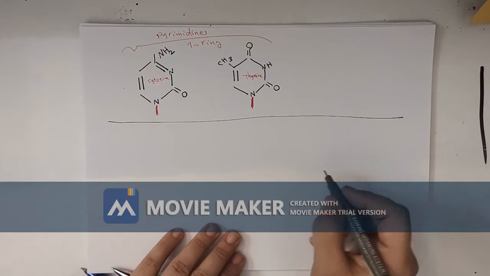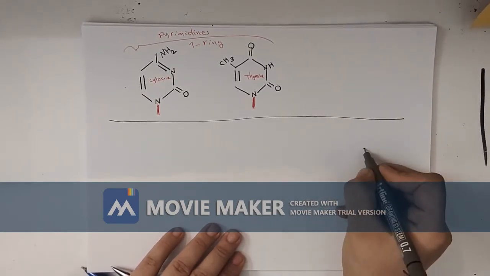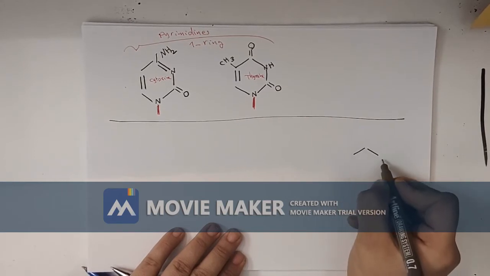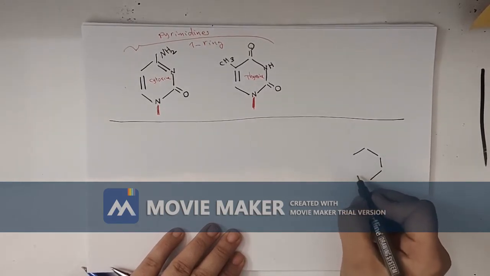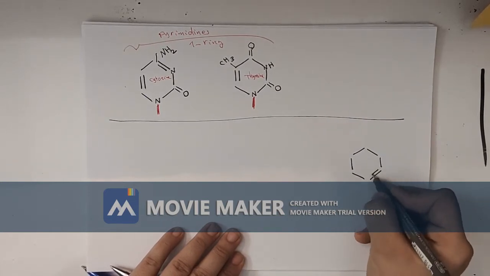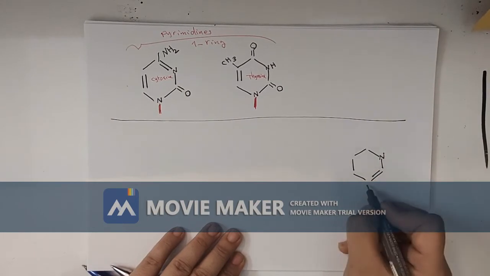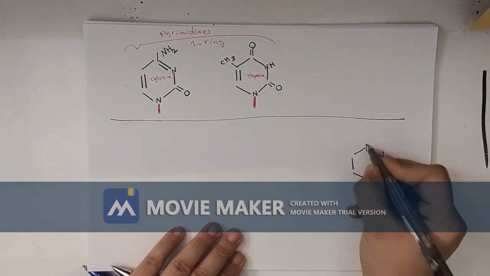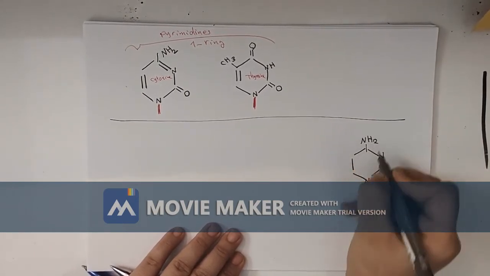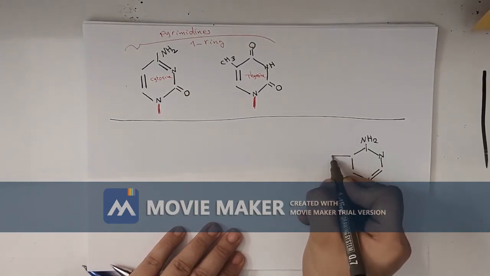Adenine has two rings. Okay, so 1, 2, 3, 4, 5, 6. The first ring has 6 corners here and here. So here is nitrogen. Here is nitrogen. This is NH2. Now, from here, it is connected to another ring of it.